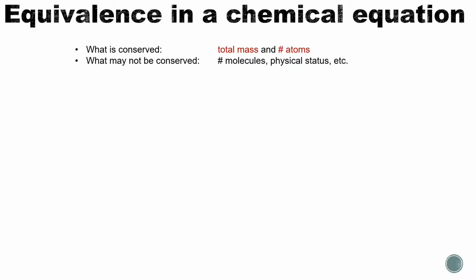Not everything is conserved before and after a chemical reaction. What is conserved is the total mass and the number and type of atoms before and after reaction. The number of molecules and the physical status of reactants and products may or may not be conserved. It's not a requirement.